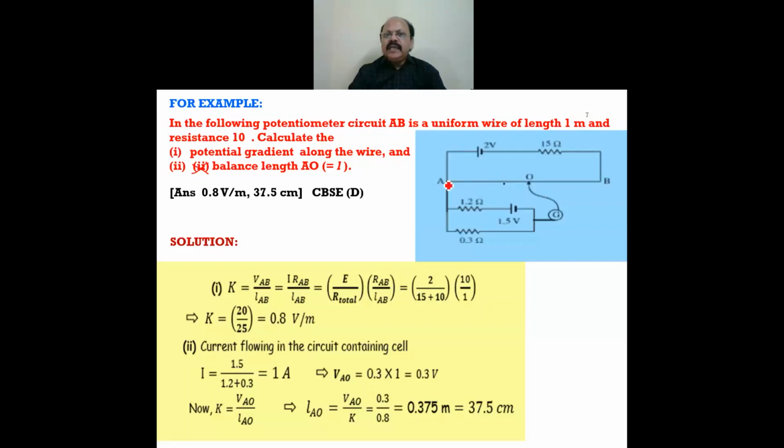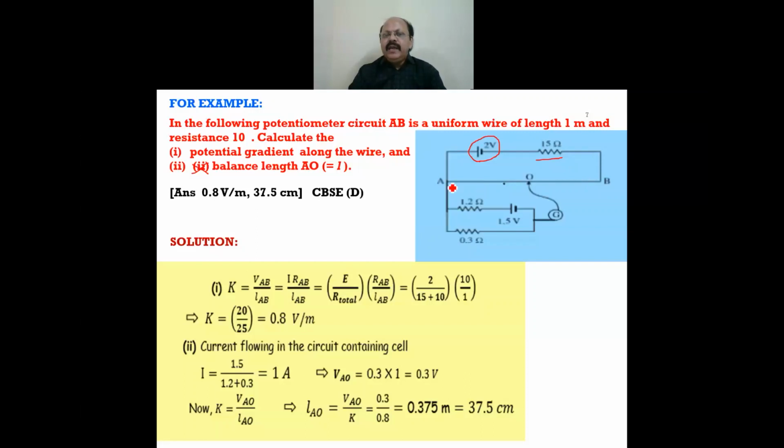You see that in the circuit, this AB is connected to a cell of 2 volt and resistance 15 ohm. So this whole circuit is a potentiometer.